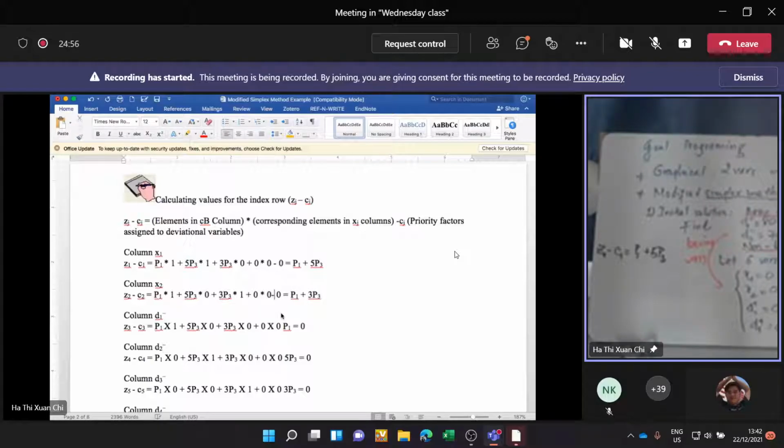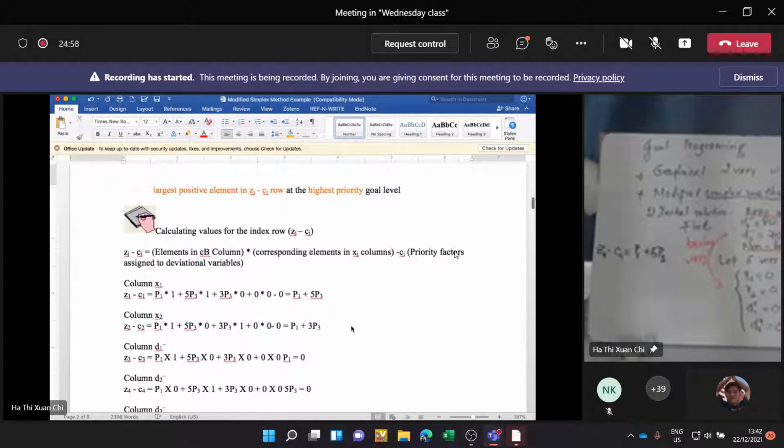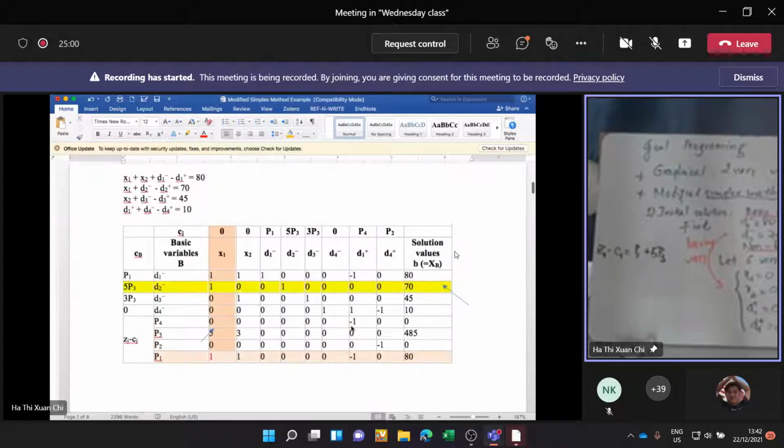And here, you can do the first column, second, the third until 8, and CB also. So CB means you take P1 times with 60, 80, and 5P3 times with 70, 3P3 times with 45, and 0 times with 10.